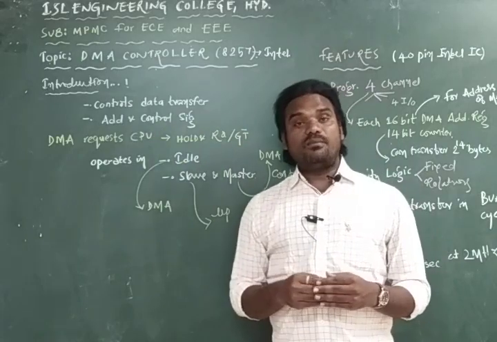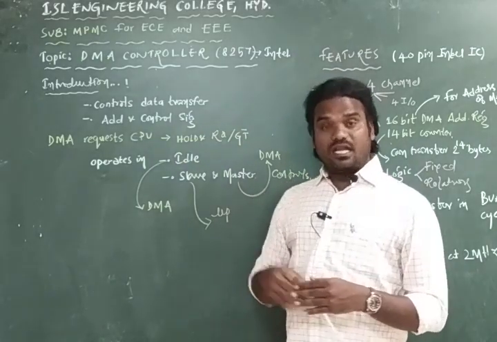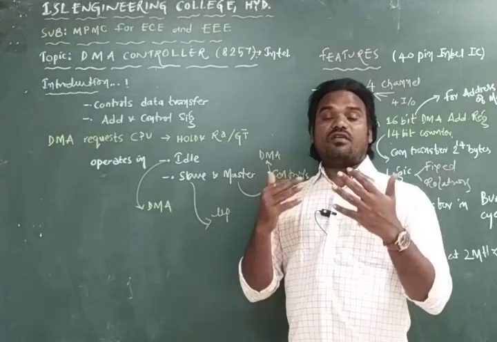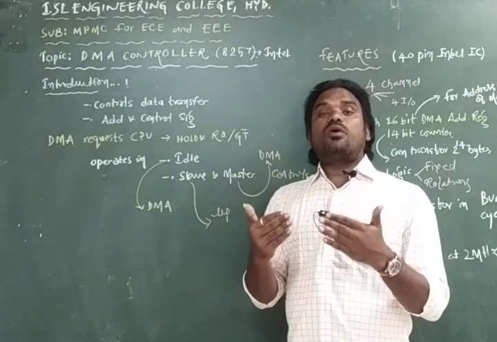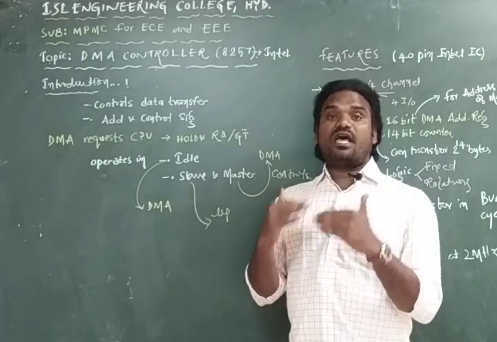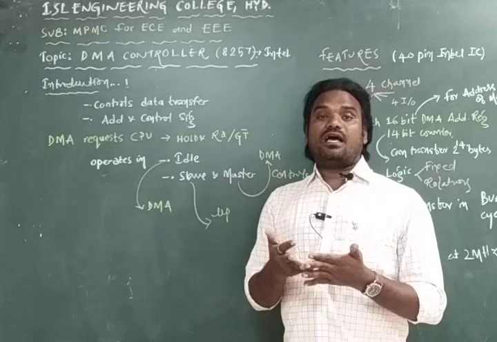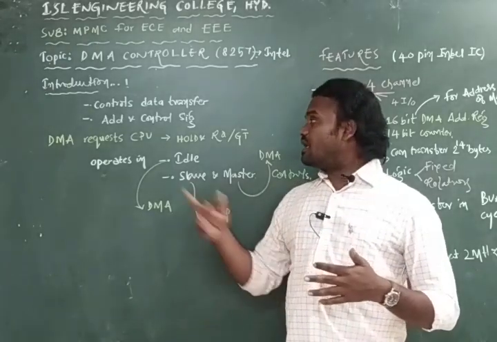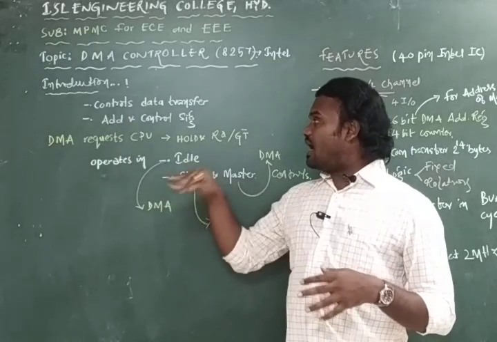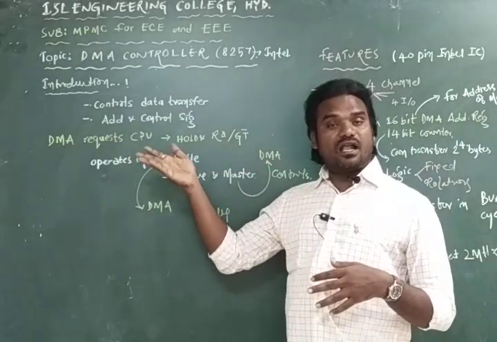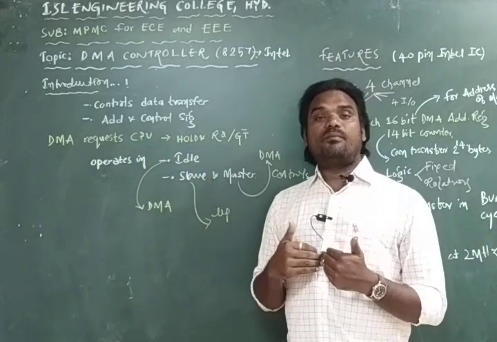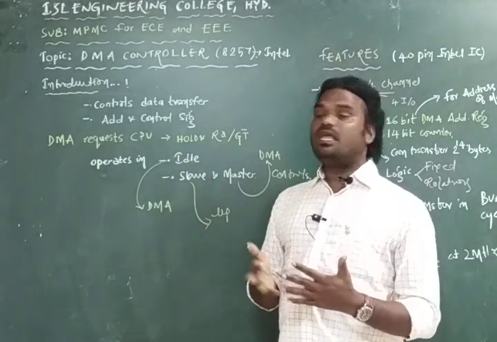And again, this DMA controller generates the address signals and the control signals. That means from which location the input output devices have to read the data, or to which location they have to write the data into the memory, the DMA controller generates the address signals. And after reading or writing the data into the memory, it has to come back, so it requires generating the control signal.